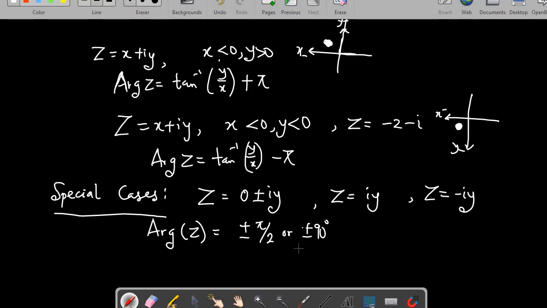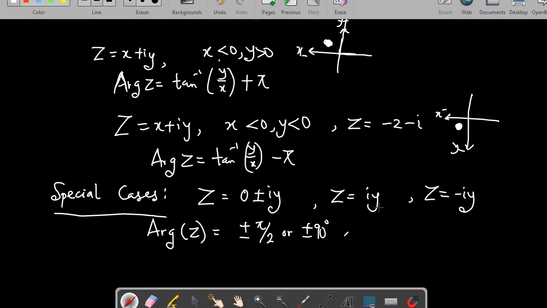Okay, this is in radian measurement of angle, and this is measurement in degrees. So plus or minus pi over 2, plus or minus 90 degrees represents the argument of any complex number that does not have a real part, but has an imaginary part.